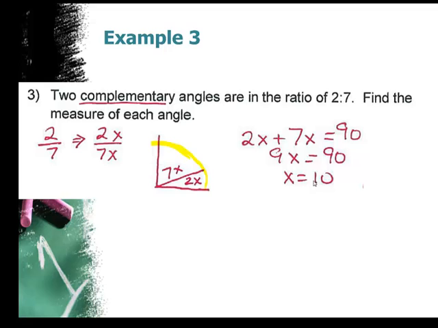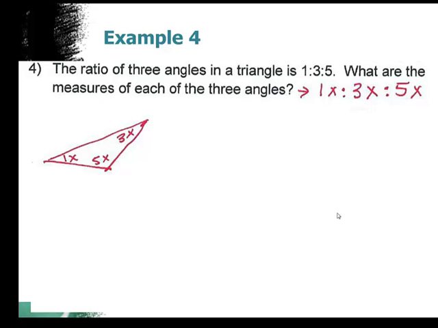Now that's not the final answer. Remember, always look for what they're asking for. Don't stop just when you get x. They're asking for the 2 angles. So one of them's 2x, so one angle's 20, and the other one is 7x, and the other angle's 70. So I didn't bother to show a lot of work on that particular piece.